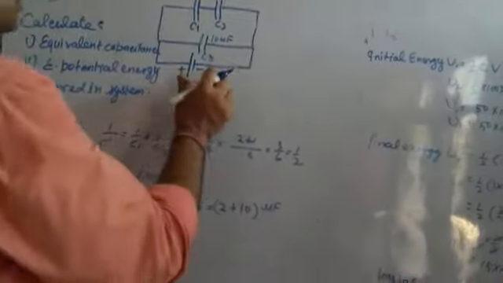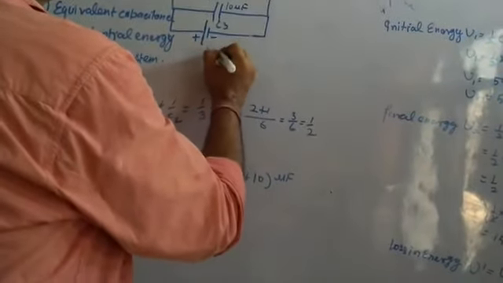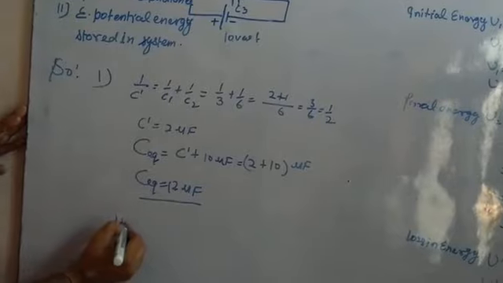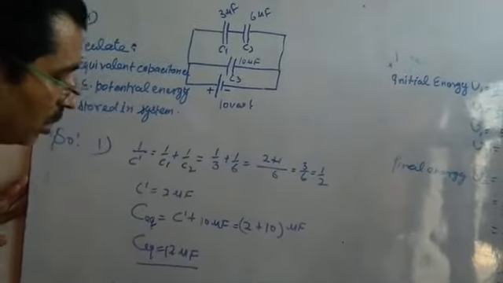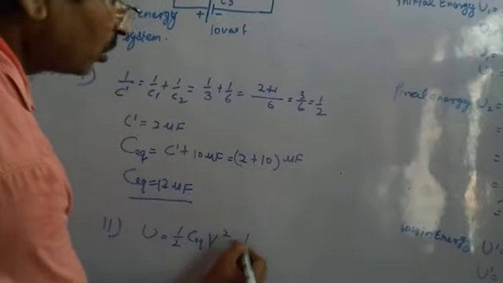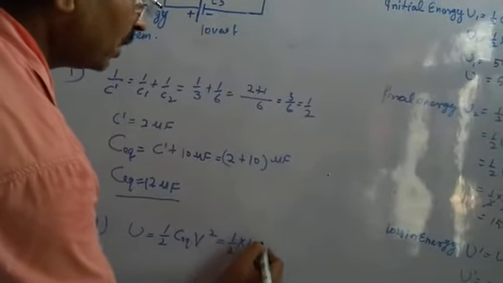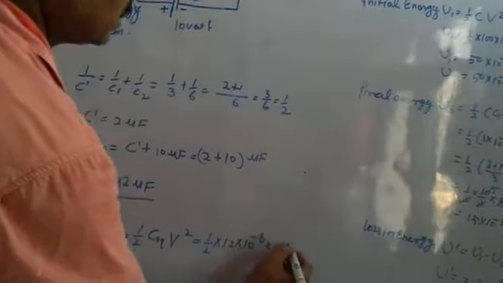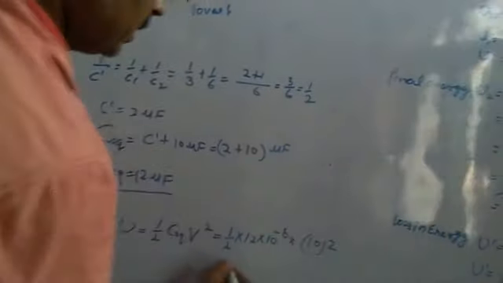And now the energy stored in the system, this is a 10 volt. Energy stored in system equal to half C equivalent V square, half, C equivalent 12 into 10 power minus 6 into V 10 whole square.